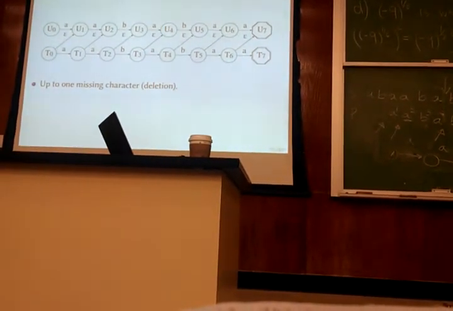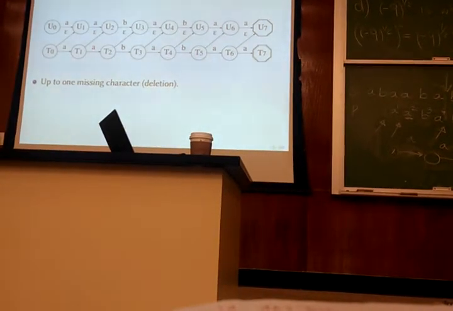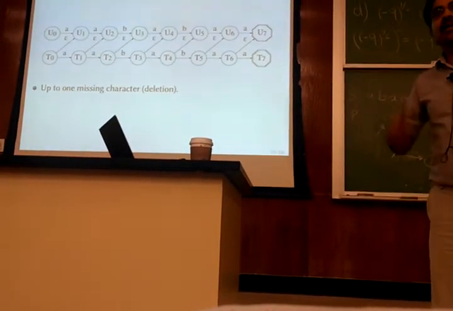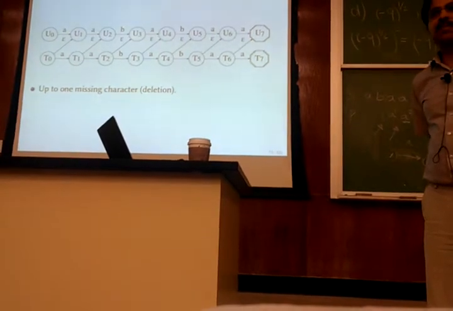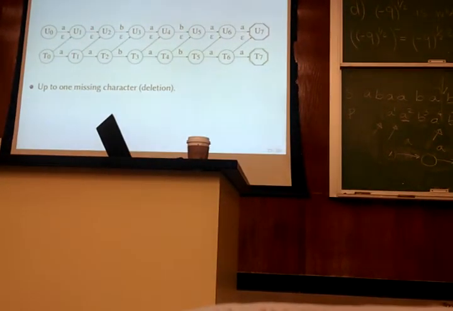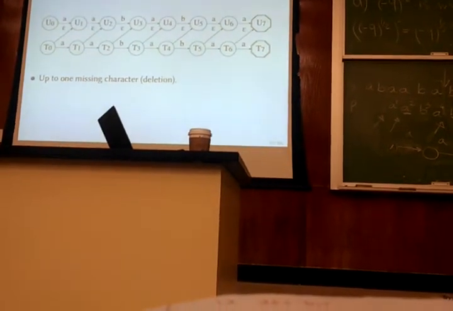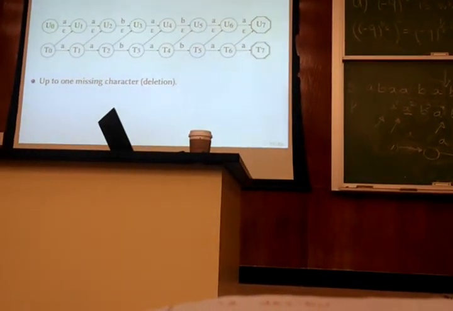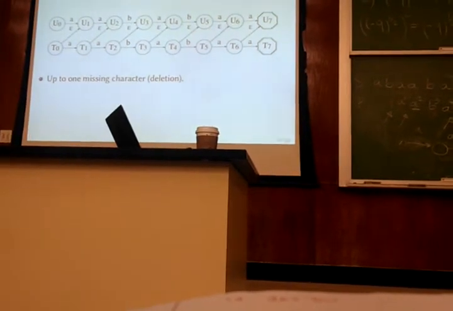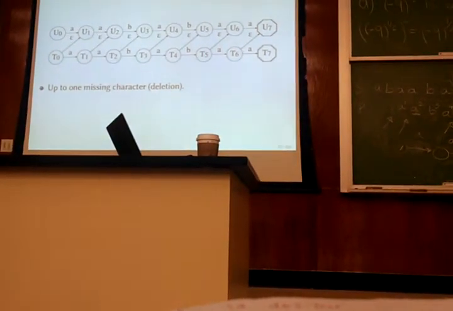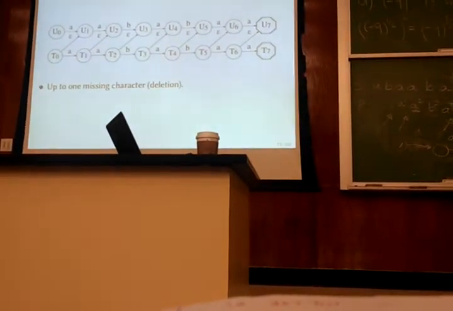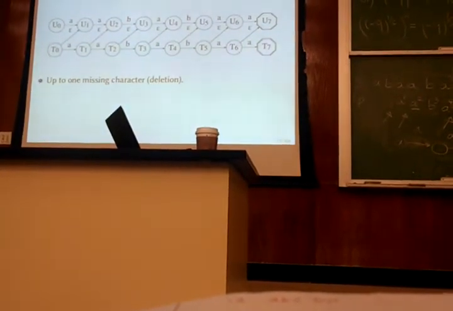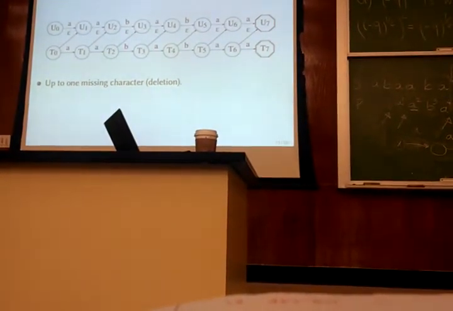Well, you could never go from U to T because we said U is an error of 1. So you can't go from U to T. You don't need to add any more states. Let's make the question a little bit more structured. From T1 we need to go to U0.